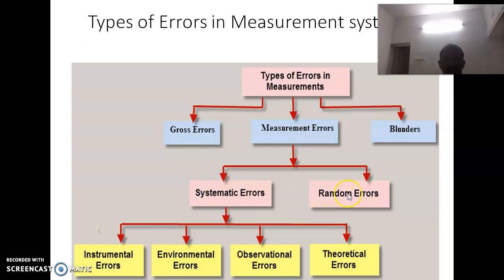But for random errors, you do not know the reason. They will occur randomly, or in the equipment. So this error is not known. This error cannot be traced, and so it cannot be rectified.